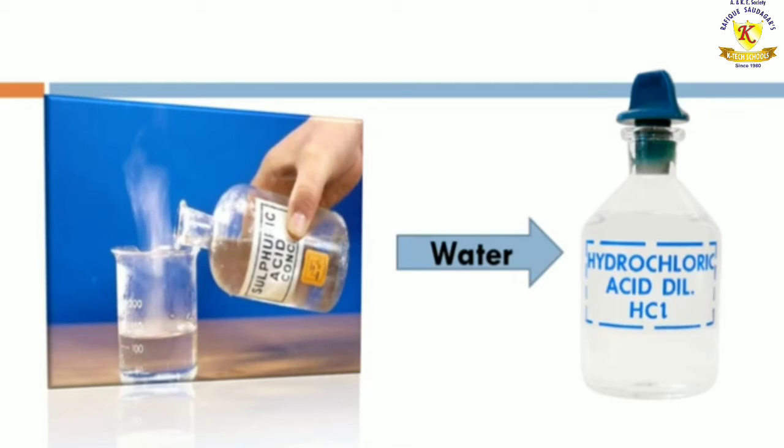So these dilute acids are easily handled, and cause less harm to our skin than the strong acids. As we know, strong or concentrated acids are very harmful for our skin and our health. So we can convert them into dilute acid by adding water slowly to it. Understood, children?